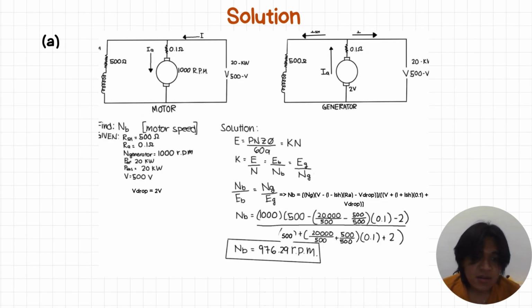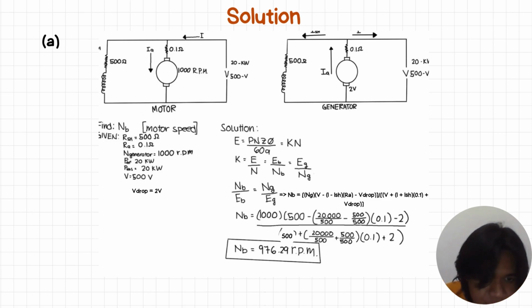Substituting the formula through which we applied Kirchhoff's voltage law, we now have Nb equals Ng times V minus Ish times Ra minus V drop, all over V plus Ish times 0.1 plus V drop.